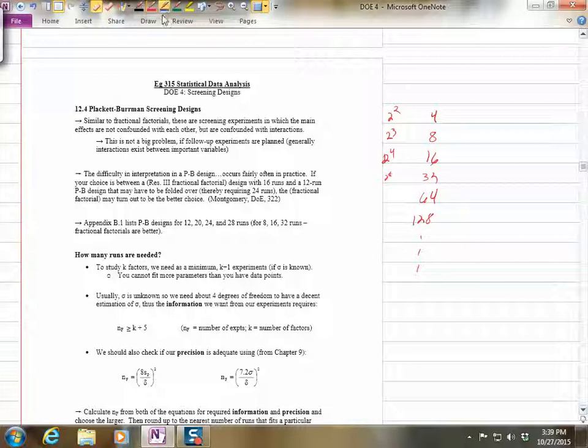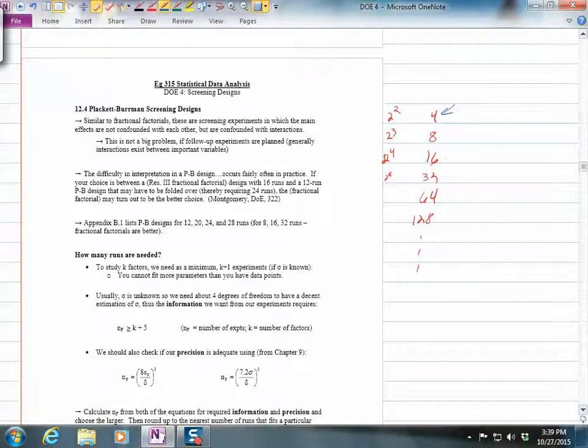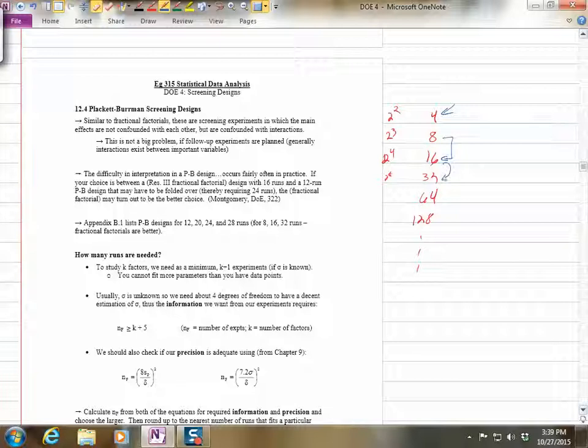Now, these fractional factorial designs are great when you can use them, but notice as we go up in the number of factors, if we don't want to do an 8-run design, we have to add another 8 runs to get to 16. Here we have to double the design again to get to 32. That's getting to be a pretty big jump. And then this is a big jump.